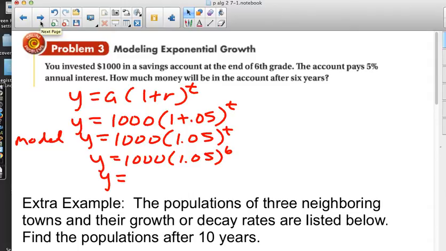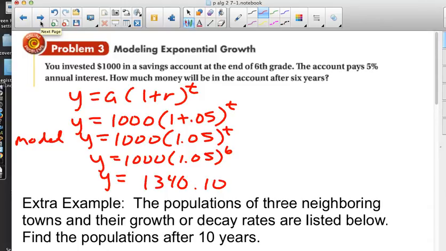We just don't. $1,340.09. The bank is usually just going to give you $1,340.09. They don't usually round up because they're a bank and that's how they make money. But we're going to go ahead and round and say $1,340.10.